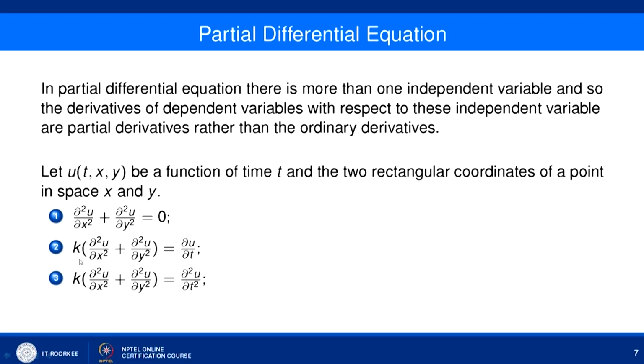Now consider the second example, where all these partial derivatives are present: k times del square u by del x square plus del square u by del y square equal to del u by del t, and the third one is k times del square u by del x square plus del square u by del y square equal to del square u by del t square.